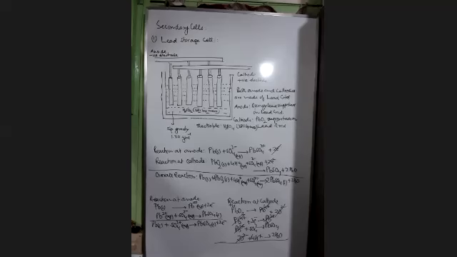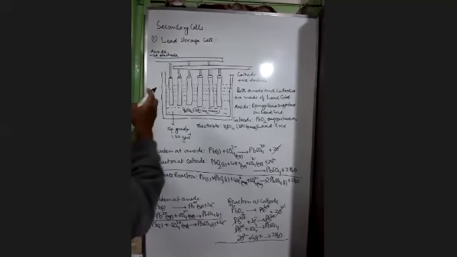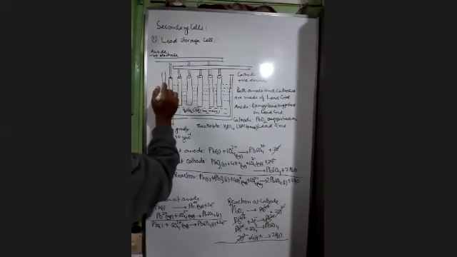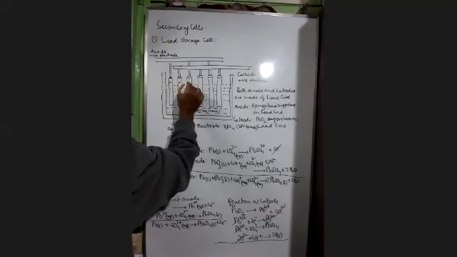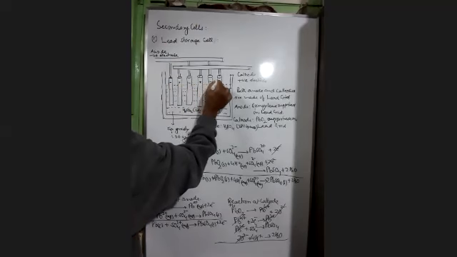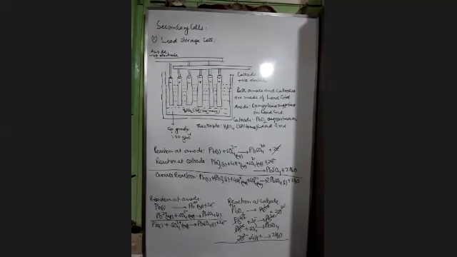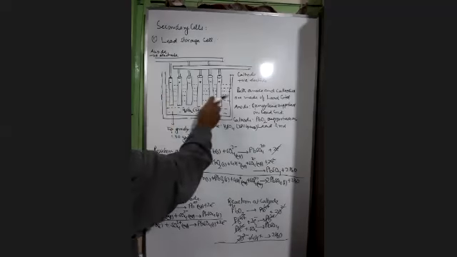Done, sir. Okay, now see here. These are negative, positive, negative, positive, negative, positive electrodes. Depending upon the vehicle that you are using, you will find these three plates in your car.